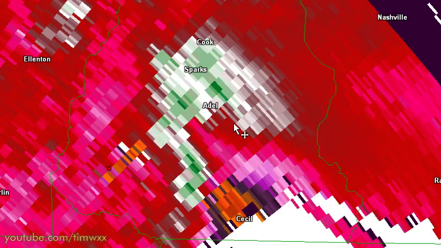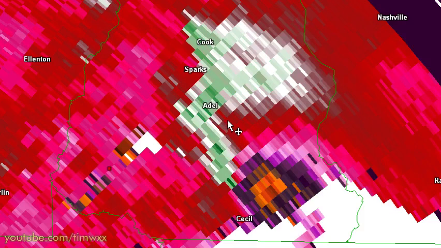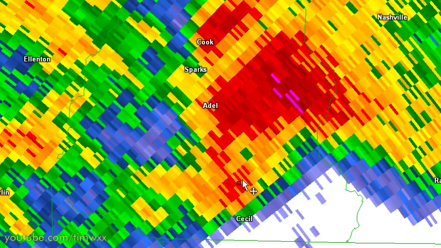Then the storm continues on, and looks like the circulation kind of dies out here, and something looks like it's reforming in this area here. So maybe a bit of an occlusion process going on. There's the new circulation.